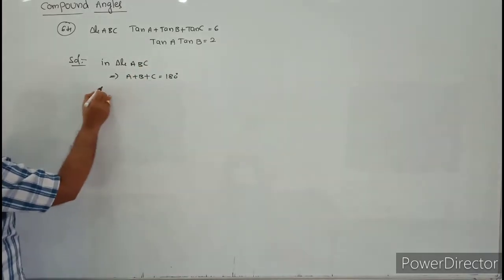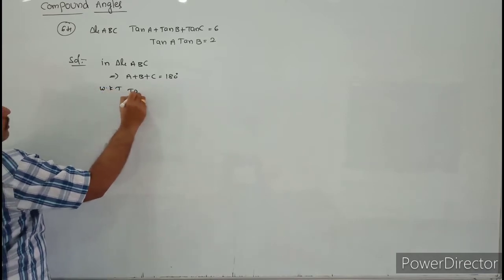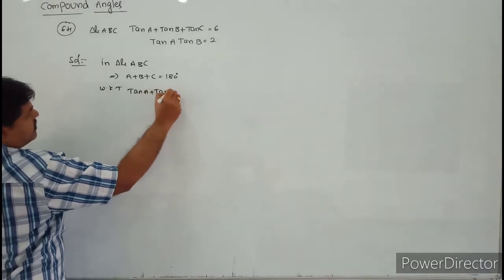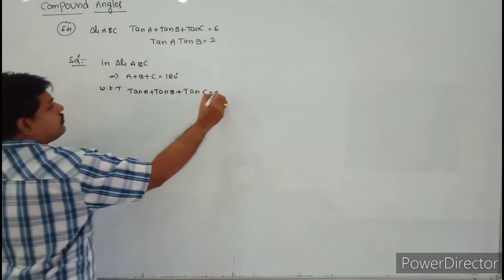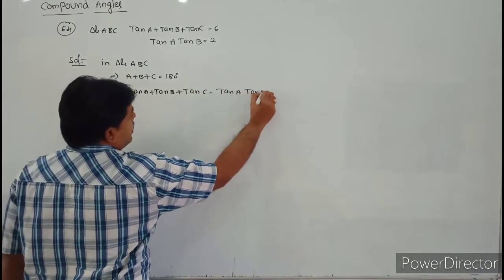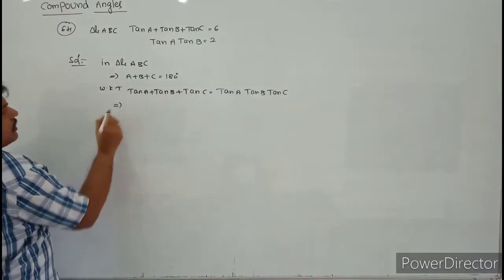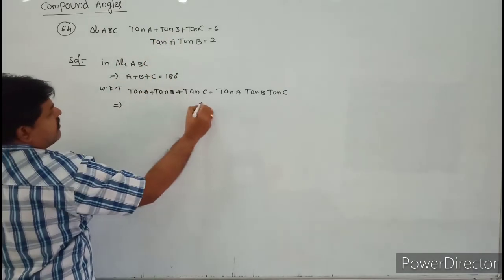If A plus B plus C is equal to 180, we know that tan A plus tan B plus tan C is equal to tan A tan B tan C. So tan A plus tan B plus tan C value is 6.